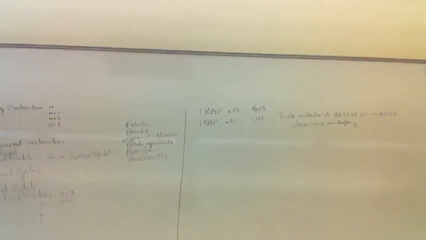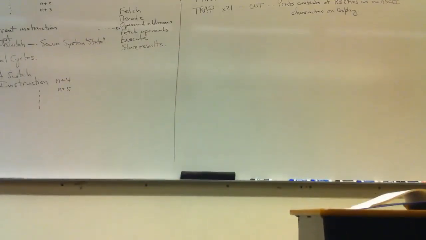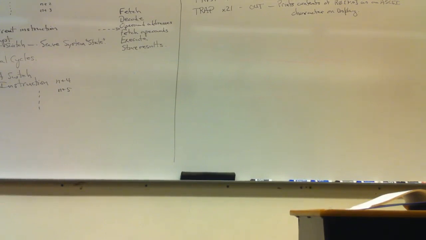Whatever you have in the low order 8 bits of register 0. Okay, that's where it has to be. That's where the interrupt service routine is looking. You can't say OUT register 1 and expect to print a character from register 1. Won't do it. Because the routine is hard-coded to reference register 0.